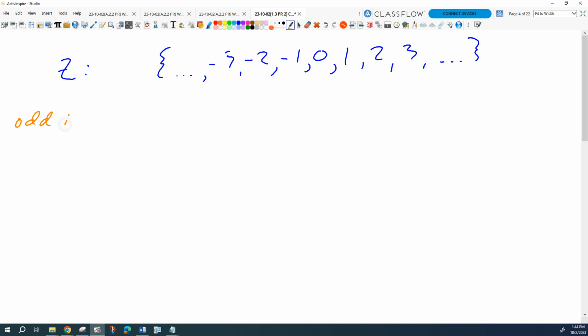So here's the set of integers. I want you to give me now the set of odd integers. No, even, sorry. Let's do even. Even's a lot easier. Once we get even, we'll get the odd ones easily.